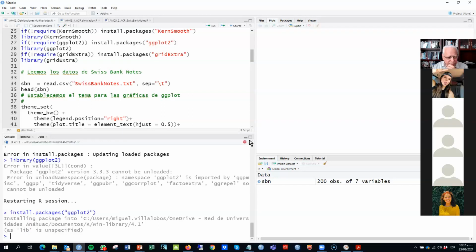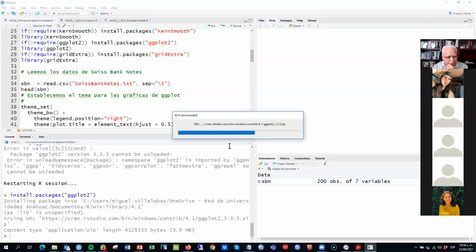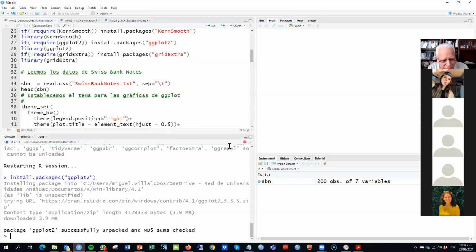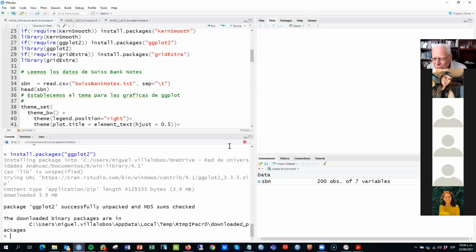Teacher, what was the thing that you did first? Did you run the Swiss bank notes or something like Pardon me? I didn't hear you well. Did you run the Swiss bank notes first? Because I have an error in the file.